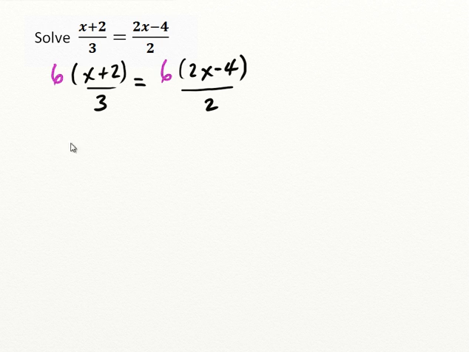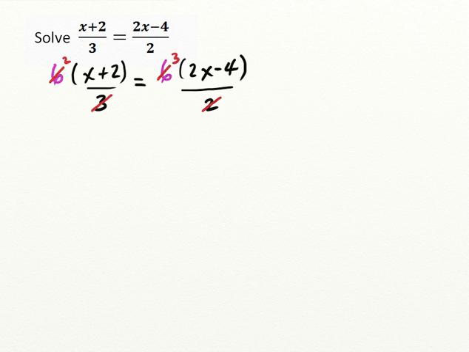Now how does that help us? Well, because we have joined these two terms, the 6 and the x plus 2, by multiplication, I can cancel between the numerator and the denominator. We can always cancel across multiplication. So 3 divides into 6 twice, and on the right side 2 divides into 6 three times.